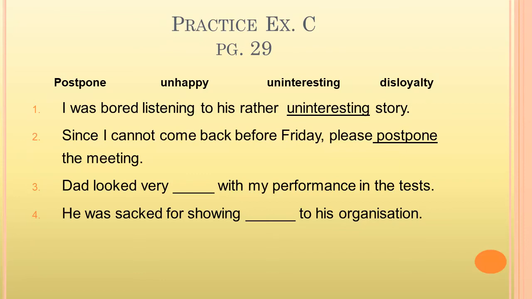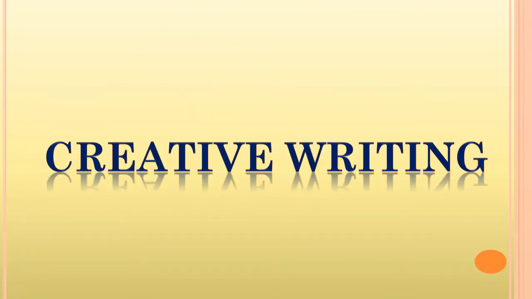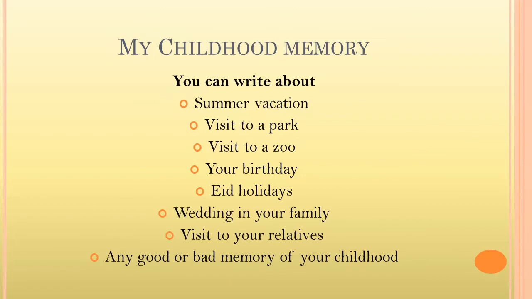So this was a very easy lesson number 8, prefixes. Do it in your book and also do the practice. Then our next section is creative writing. We have to write an essay on my childhood memory.